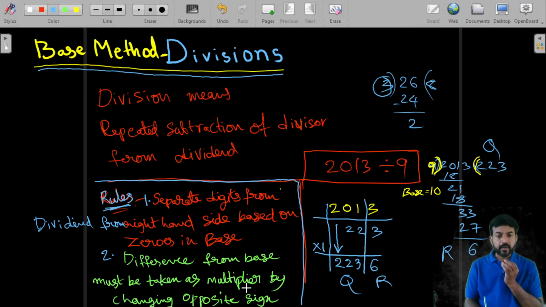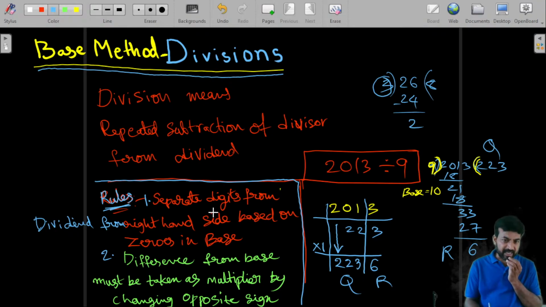Good. And difference from base must be taken as multiplier. So did you understand these rules first?